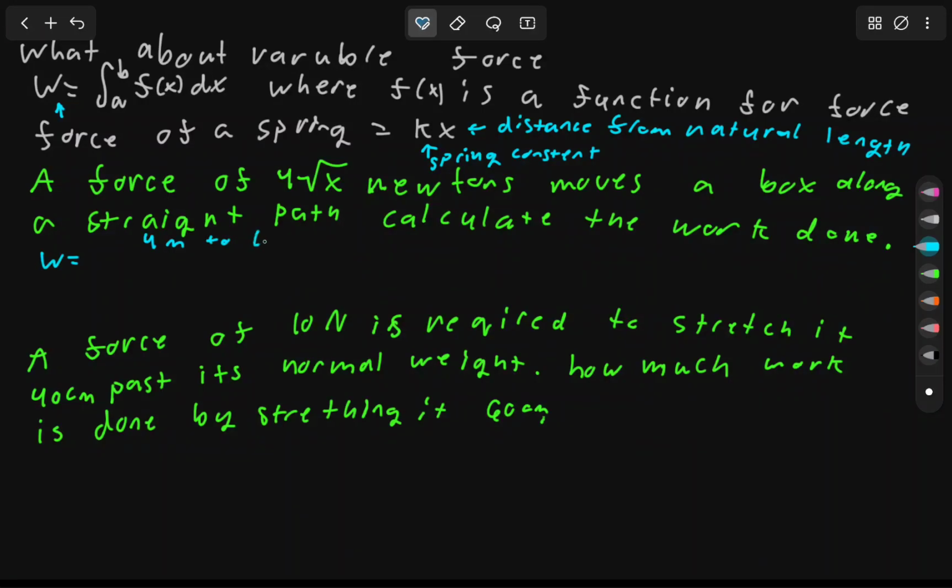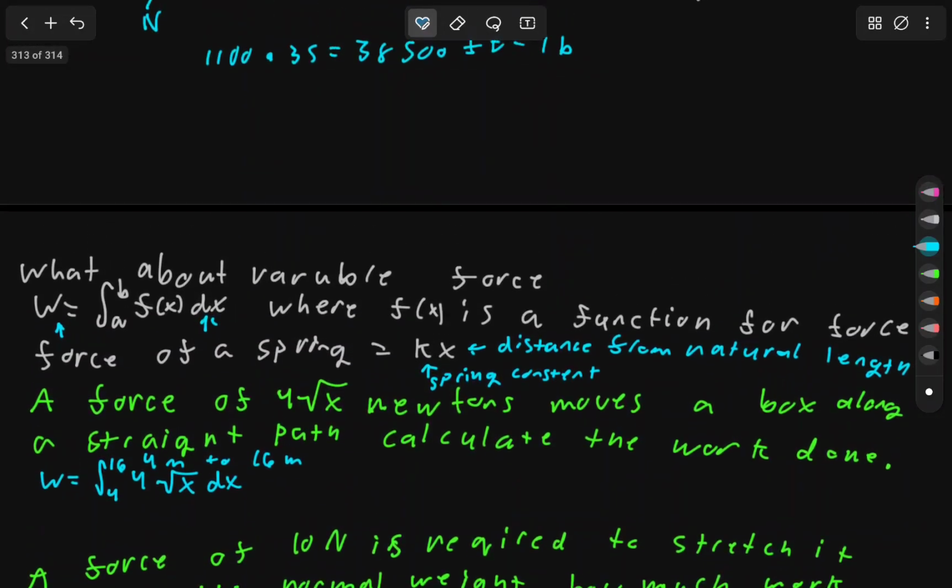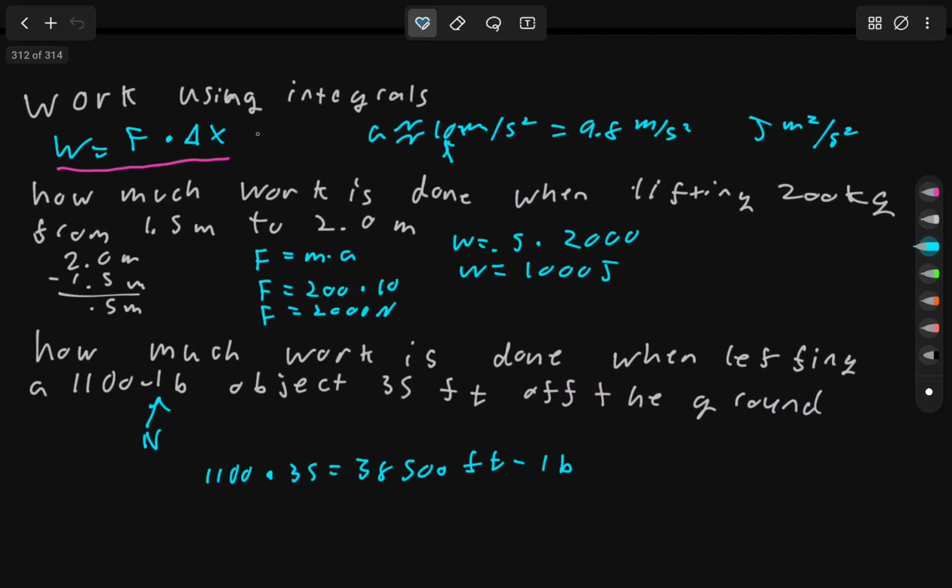So this is going to be the same thing as the integral from 4 to 16 of 4 square root of x times this little dx. Now this dx is really just the same change in x, the distance.